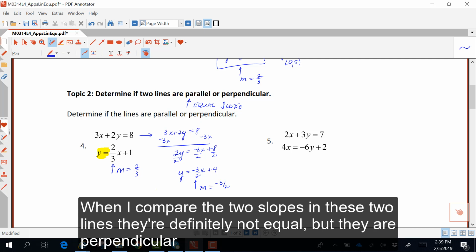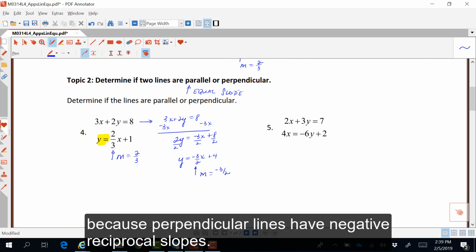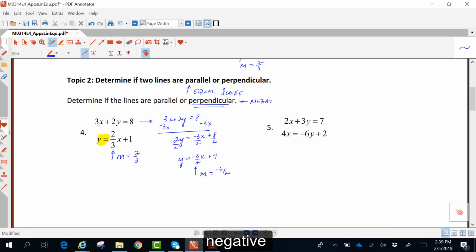When I compare the two slopes of these two lines, they are definitely not equal, but they are perpendicular because perpendicular lines have negative reciprocal slopes.